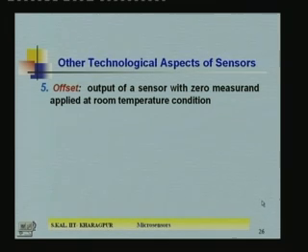Now, other technological aspects of sensors are offset, that is the output of a sensor with zero measurement applied at room temperature condition. Normally the offset is not a desired thing, but in some cases as soon as you switch on the supply of a sensor, you will get an output signal in spite of the absence of an input signal. A photo detector's output is a voltage or current; normally current is the output measurement. As soon as light is incident on a photo detector, you should get the output.